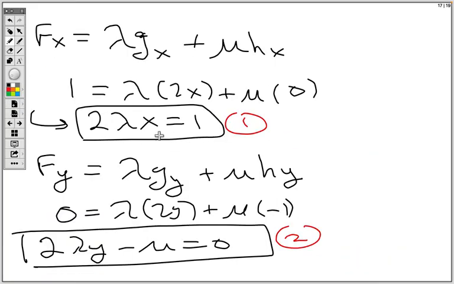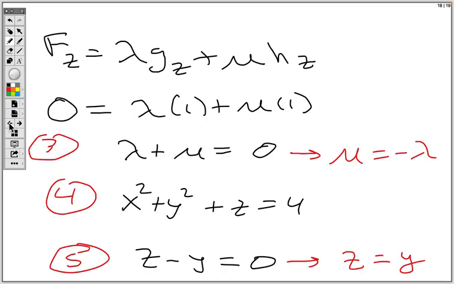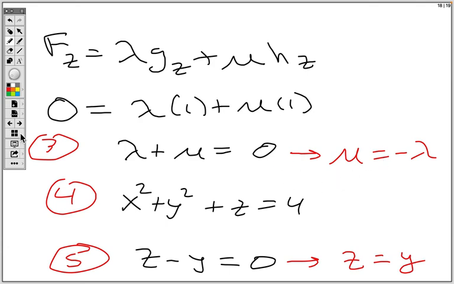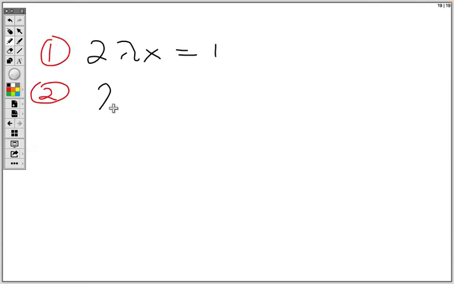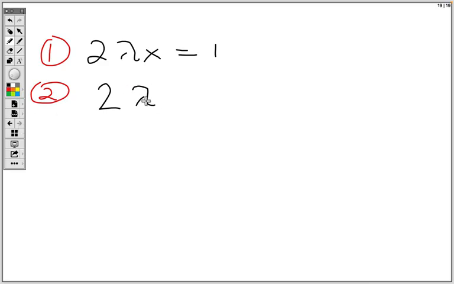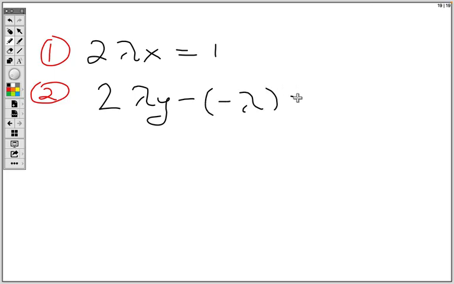See, equation 1 had 2 lambda x is 1. So that's not going to change because I haven't done anything there. What's equation 2 going to look like? Equation 2 was 2 lambda y minus mu is 0, but I know that mu is minus lambda. So instead of 2 lambda y minus mu is 0, I'd have 2 lambda y minus mu, but mu is minus lambda, is 0.